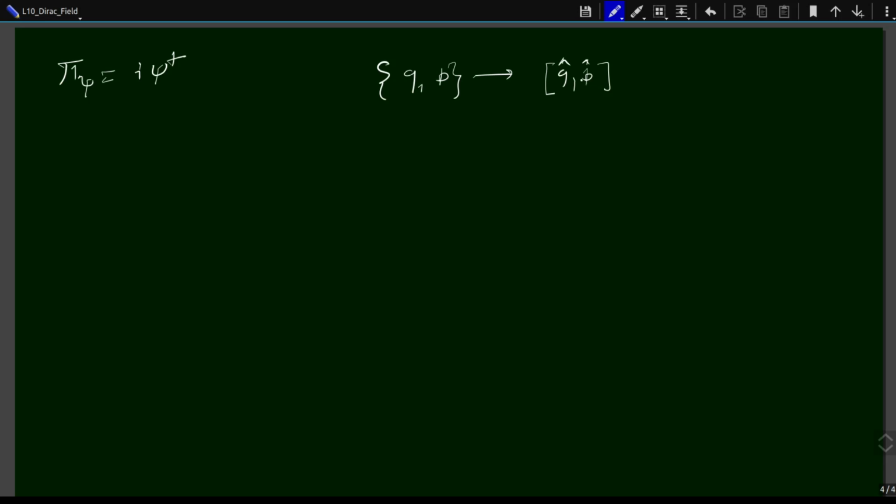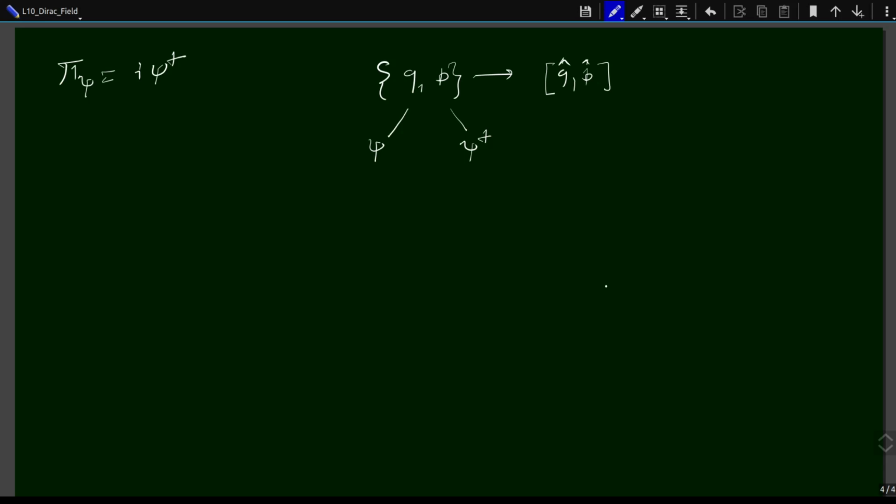Now here, if I start from the classical part, our coordinate for the Dirac case is the psi field and the momentum is the psi dagger field. Something on the left hand side should sit, and on the right hand side, since it's a Poisson bracket, it has to be equal to 1 for canonically conjugate quantities. Since it's a continuum quantity, it has to be proportional to the delta function.